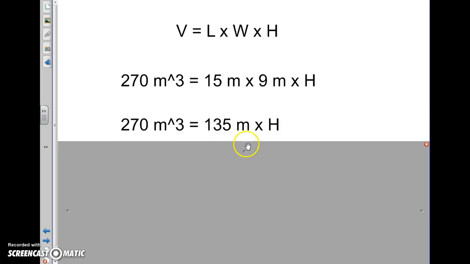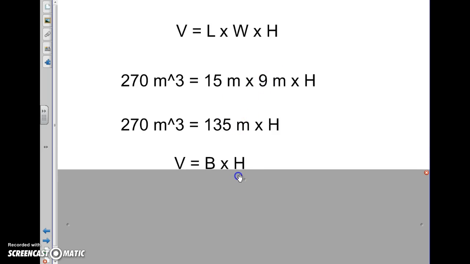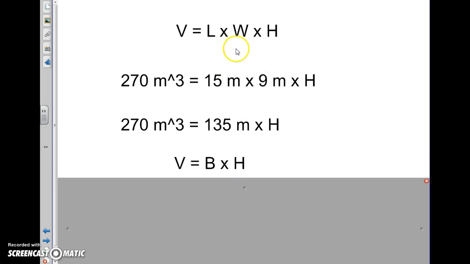So now, as I'm looking at this, remember, as a reminder, that length and width gives us the base. So another formula for volume you could say is volume equals base times height. So the base of the pool, what's on the floor of the pool, is, I should say actually here, 135 square meters, and we need to multiply that times the height to find the total volume here.